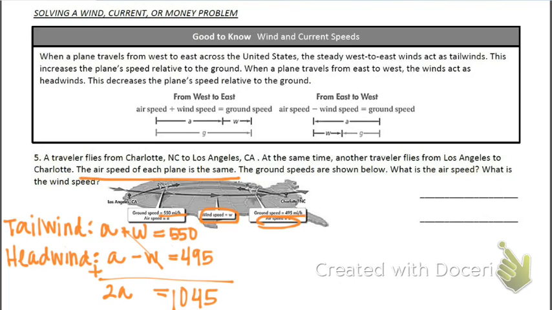And then what do I do to solve for A? Divide by 2. So A equals 522.5.